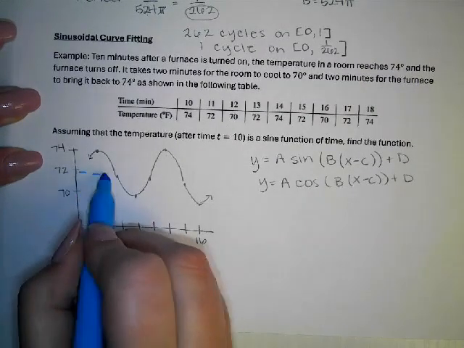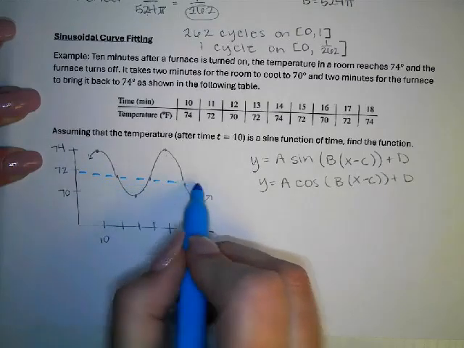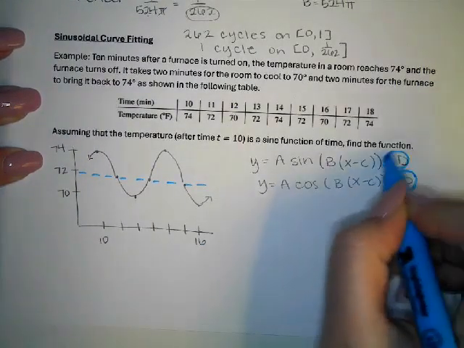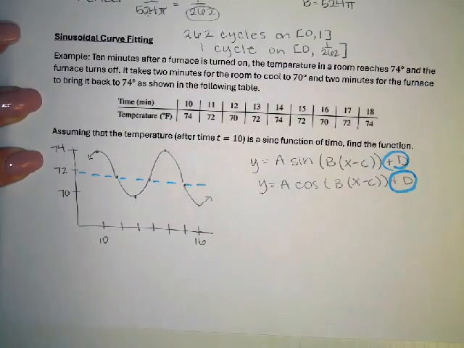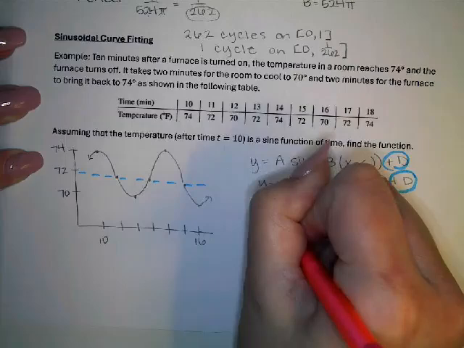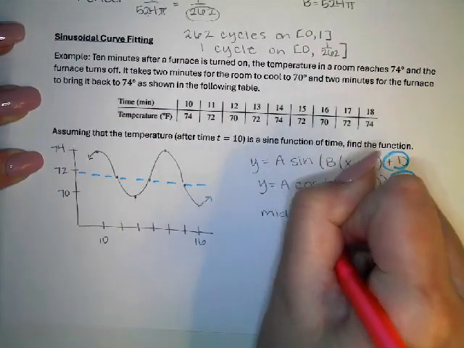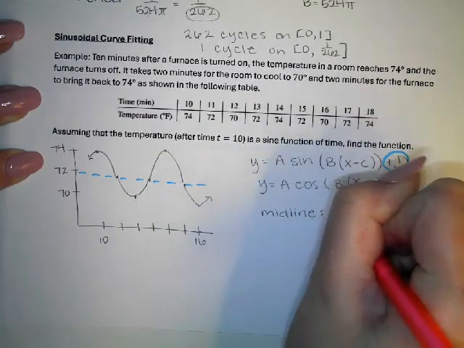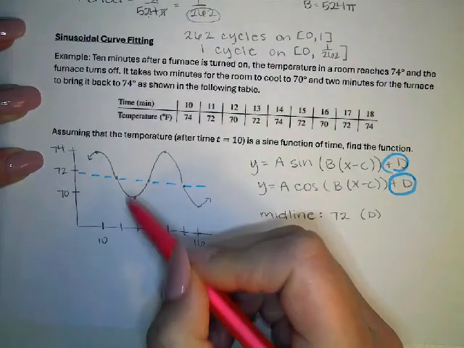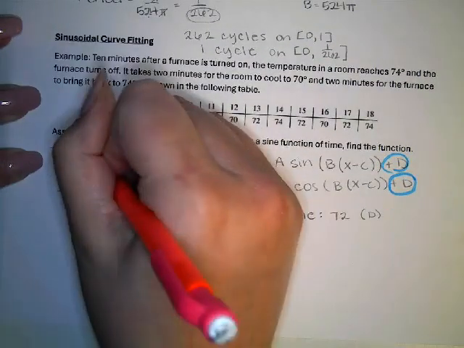Okay, so we know here that the midline is at 72, and so that d value is 72. That's actually in the equation. Okay, it's also going to help us figure out what the amplitude is. So from the midline up to the peak, or the midline down to the bottom of the valley or the trough, that's how big the amplitude is.